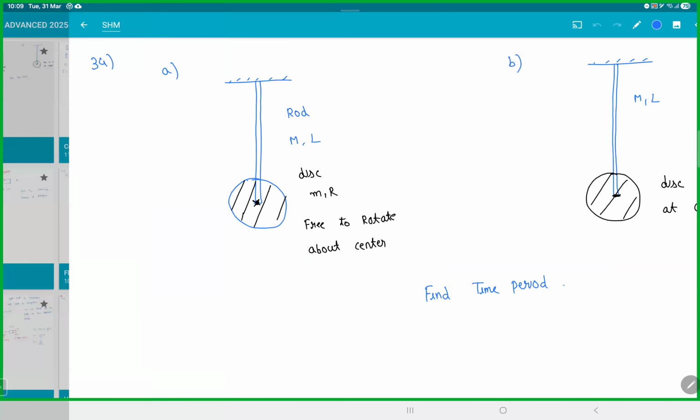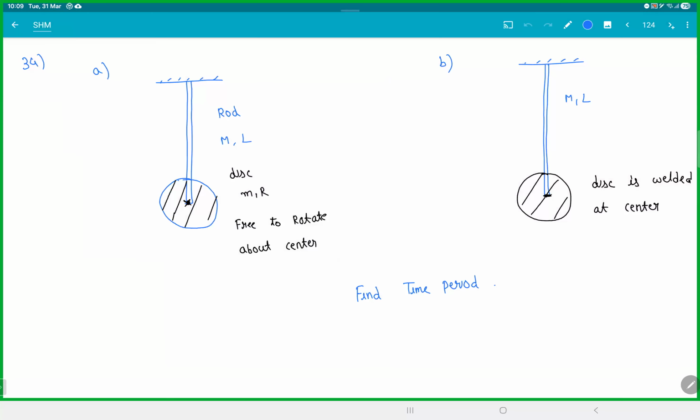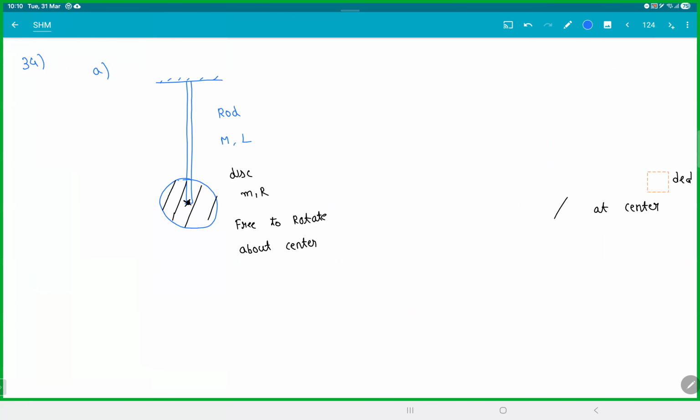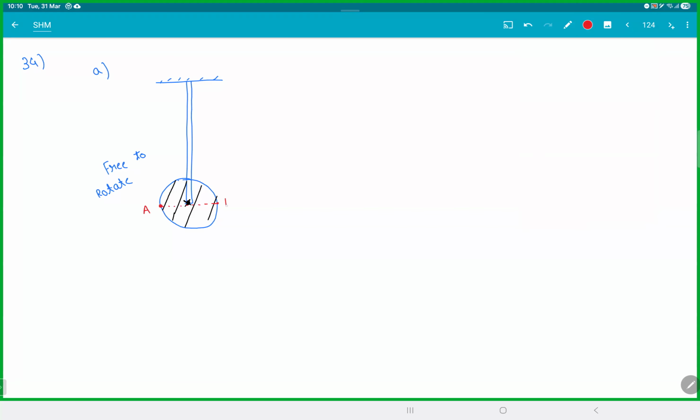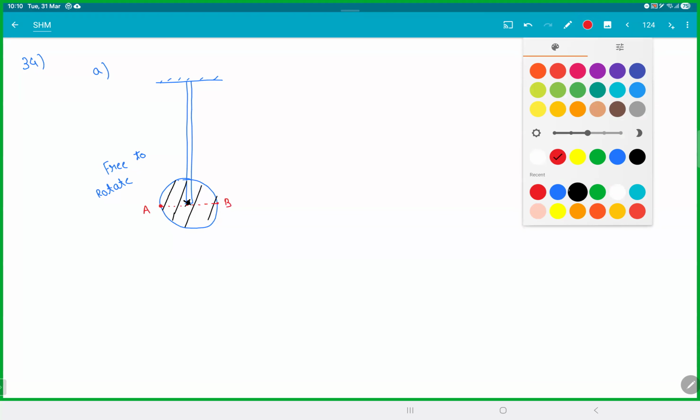So now if you look at the cases here, when you are free to rotate, think of it like this. For example, if I take 2 points here, A and B, you know what happens here?